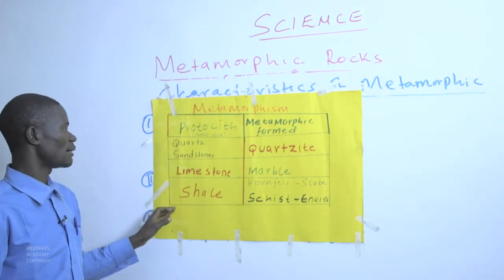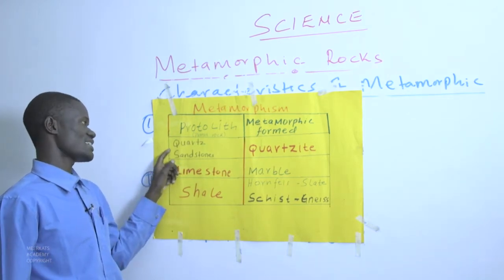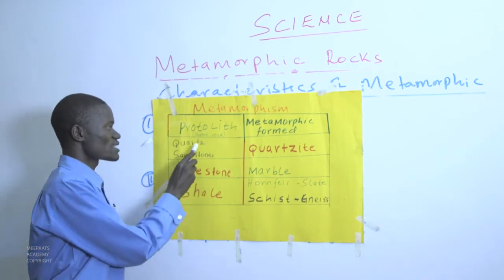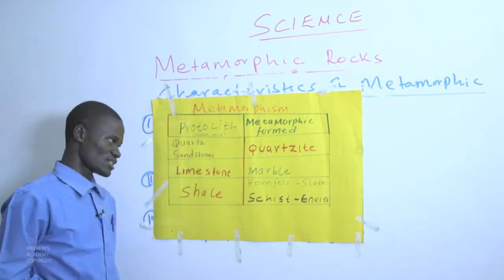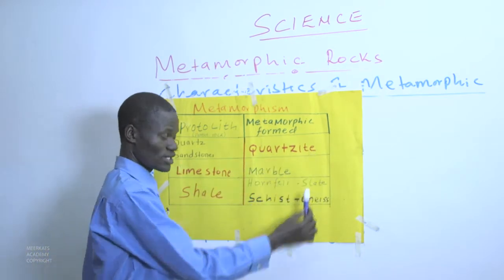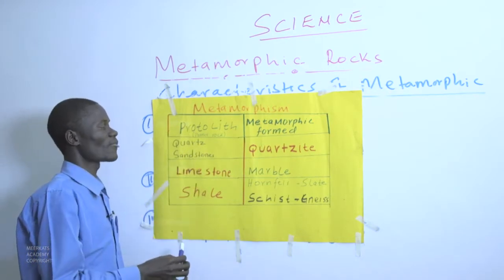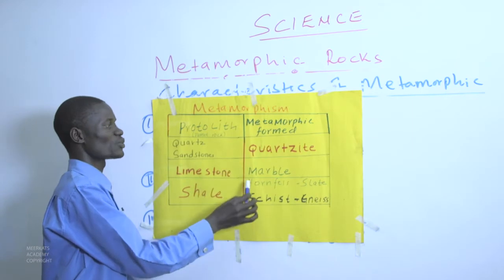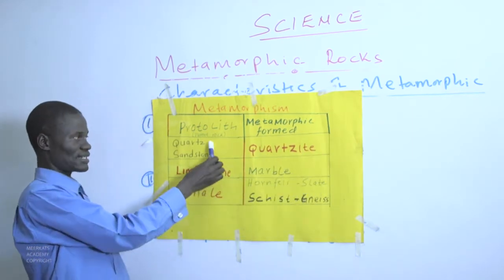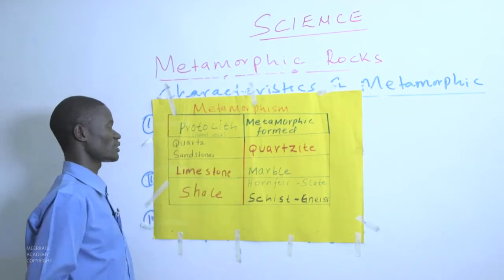When you look onto this chart, we are able to sample out the original rock such as quartz and sandstone. When sandstone is metamorphosed, it will lead to the formation of a new rock that is known as quartzite. Also, when the quartz itself is metamorphosed, it will change into quartzite. Quartzite has different characteristics from quartz, or even the sandstones.